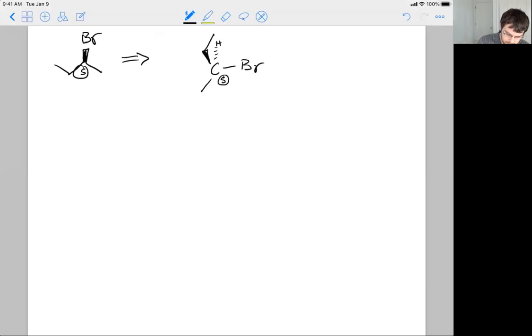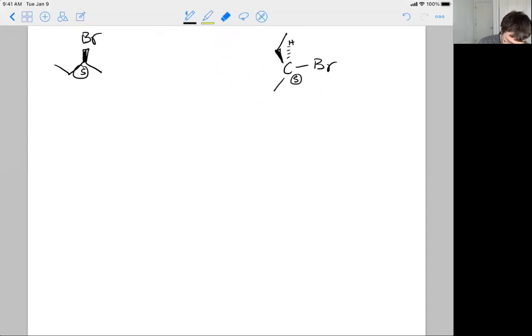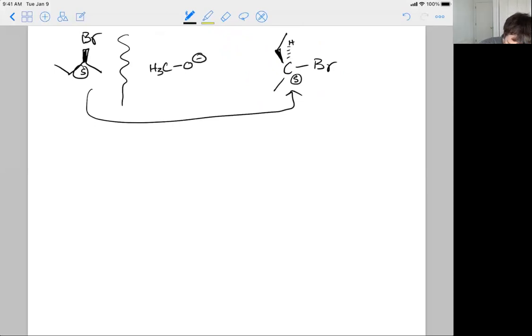Now I'm going to give myself some more space here. So those are the same. Okay. So I have those same structures. Now what I'm going to do is take my negatively charged oxygen atom and let it come in and attack along the same trajectory that the bromine is going to be leaving.